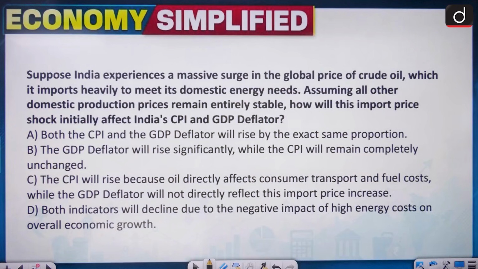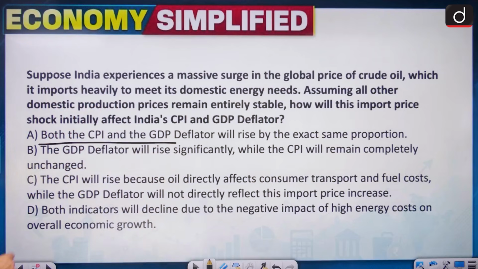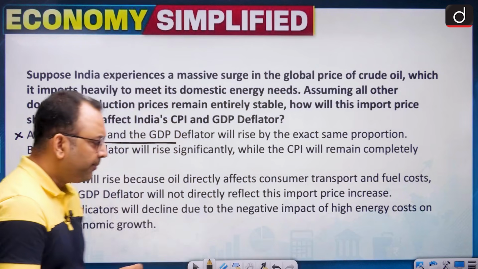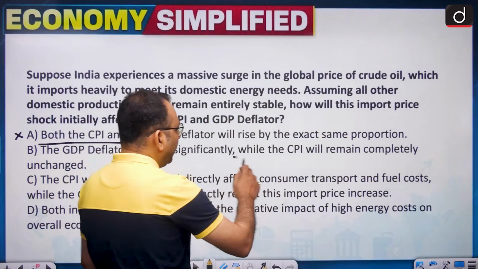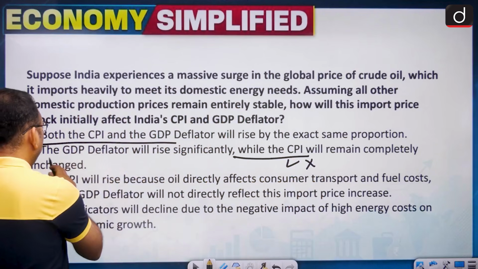So the first statement is, "both CPI and the GDP deflator will be rising by the same proportion." This is incorrect because they both have different treatments of the imported crude oil, right? "The GDP deflator will rise significantly while the CPI will remain unchanged." Friends, this is wrong because CPI includes the imported goods, GDP doesn't include.